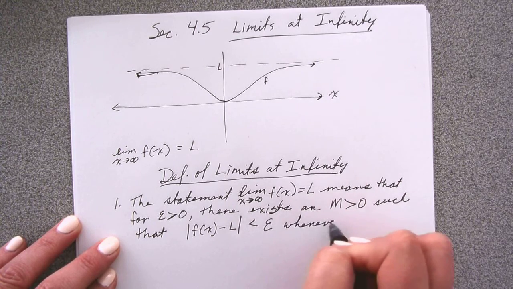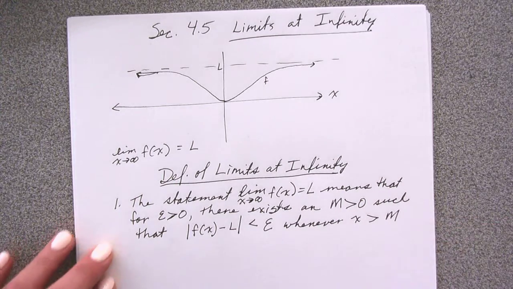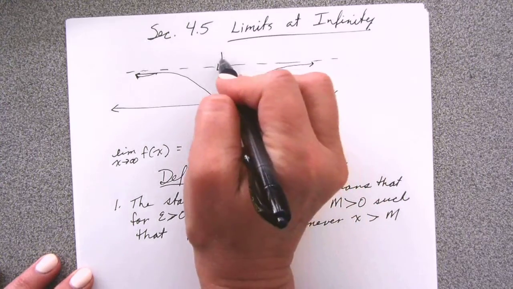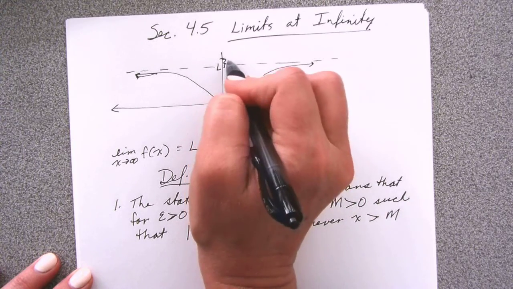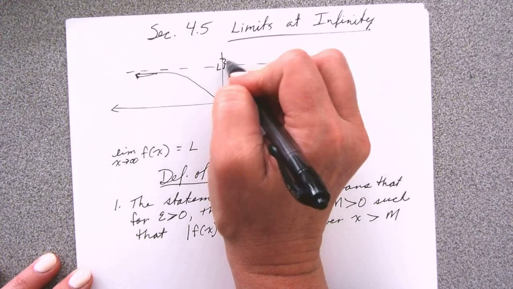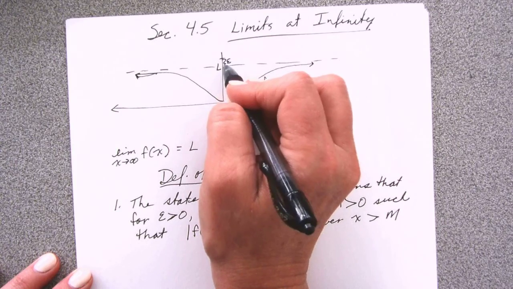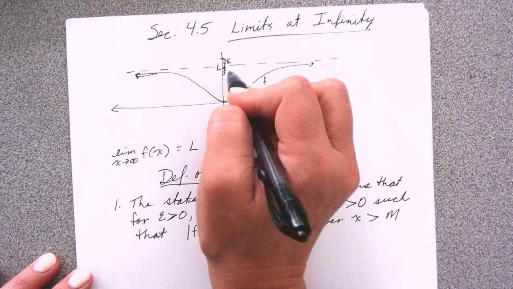So what that's saying is that there's a distance around our limit. You'll remember from the definition of limit that we said we're going to let this distance from L be epsilon greater than L or epsilon less than L. So it's a range of values.